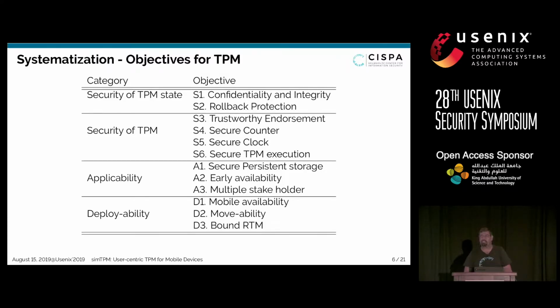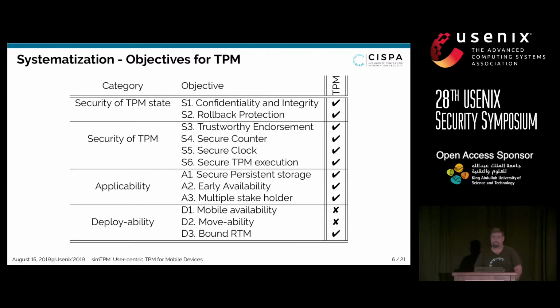And the objective D3, bound RTM, or bound root of trust of measurement, I am going to present later in the slides. To create a baseline, we use the hardware TPM with our objectives, and we immediately find that except for mobile availability and movability, a hardware TPM supports all of the objectives. This is no surprise because the hardware TPM was never designed for mobile devices.